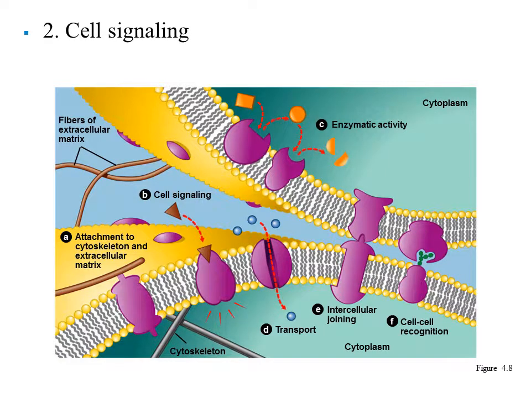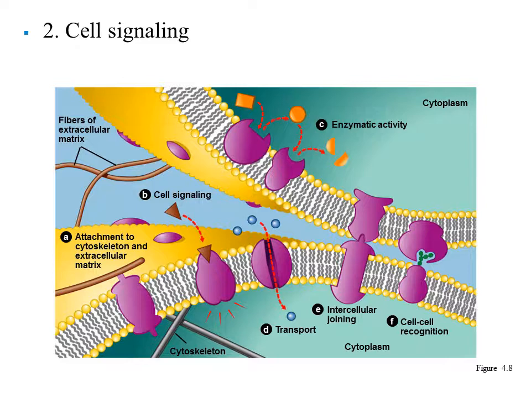The second thing that the proteins that are embedded in the membrane will do is they are involved in cell signaling. This is how the cell communicates with other cells. One cell on one side of the body is going to produce a chemical, release the chemical, and it travels through the bloodstream and stimulates a cell on the other side of the body to do some response.